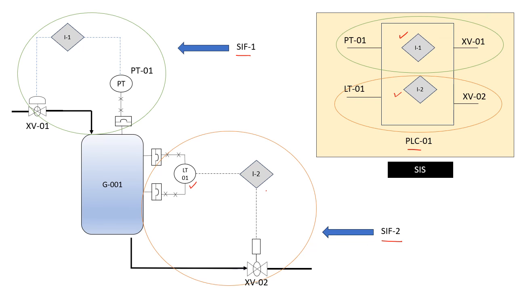So your PT, your LT, XB01, XB02 and PLC all together constitute the safety instrumented system, right? So a safety instrumented system can have multiple SIFs together, right? And a SIF is for only one protective function, whereas a SIS is a group of protective functions grouped together.